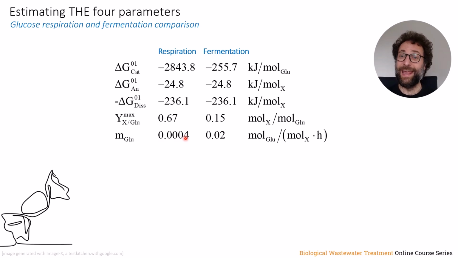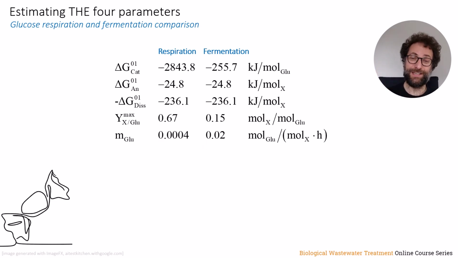Of course, as the energy required per mole biomass per hour we have seen being a constant, irrespective of the metabolism, then of course you need to run the catabolism fewer times or consume less glucose if the energy released is much higher. So therefore the glucose requirements for maintenance in such a case are significantly lower than in fermentation.